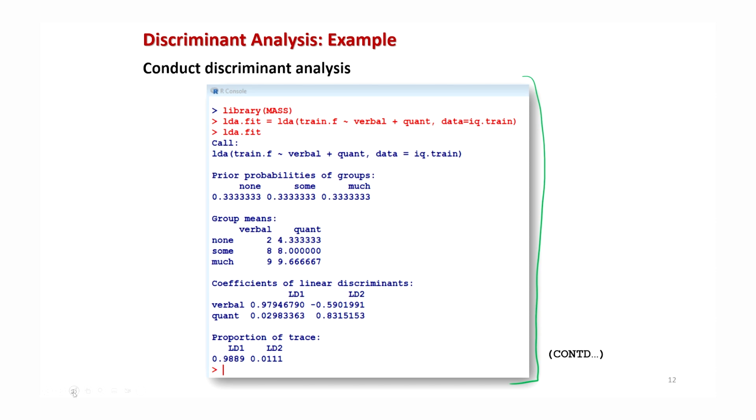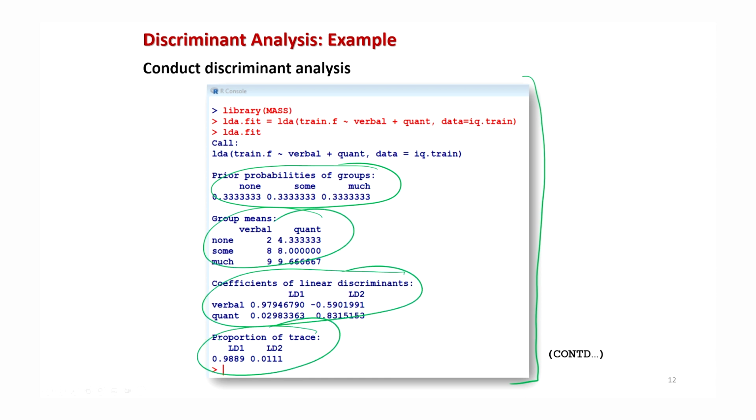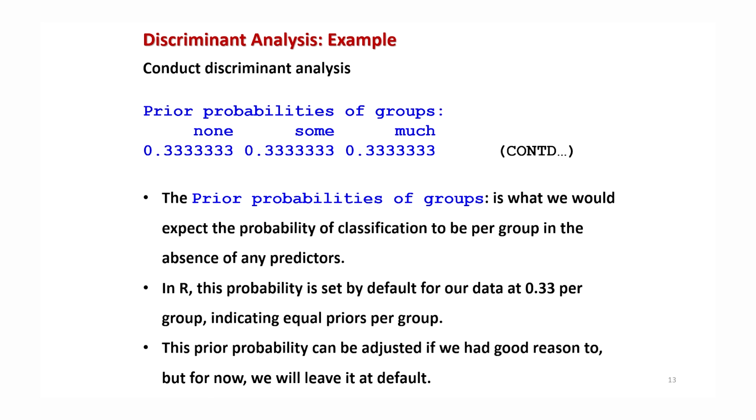Now I will take different parts and explain them, first this part, then this part, then this part, and then this part, one by one. Executing the command is very simple, but the more important point is to understand it.